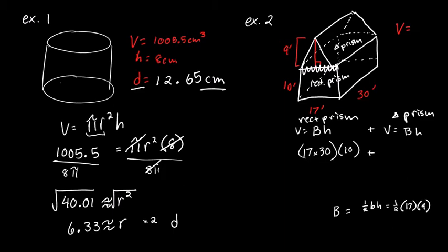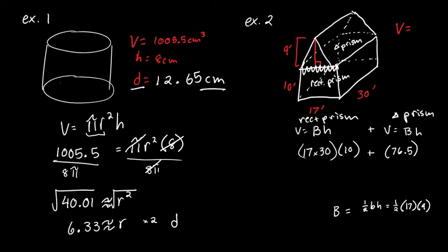So that gives me the area of my base, and I'll go ahead and find that quickly. And that's exactly 76.5, times the height of my prism.